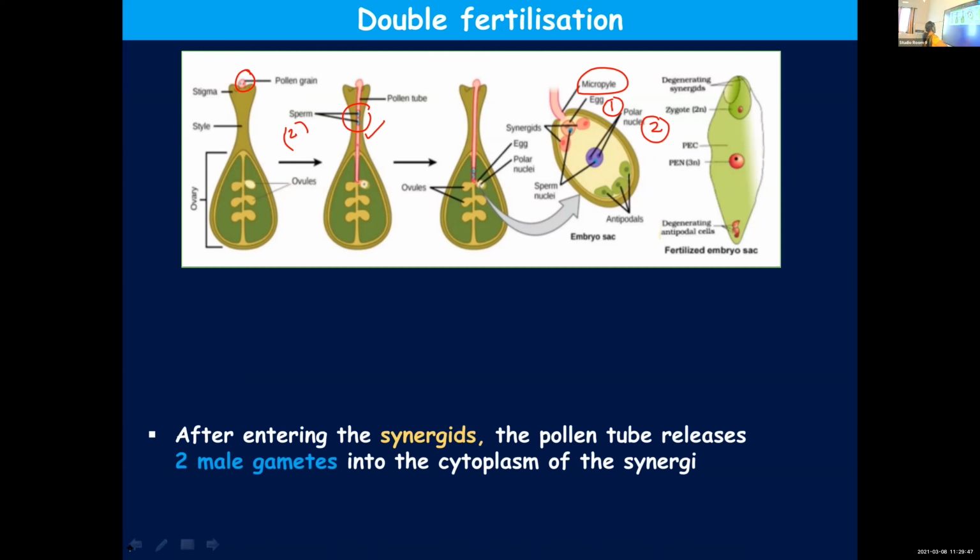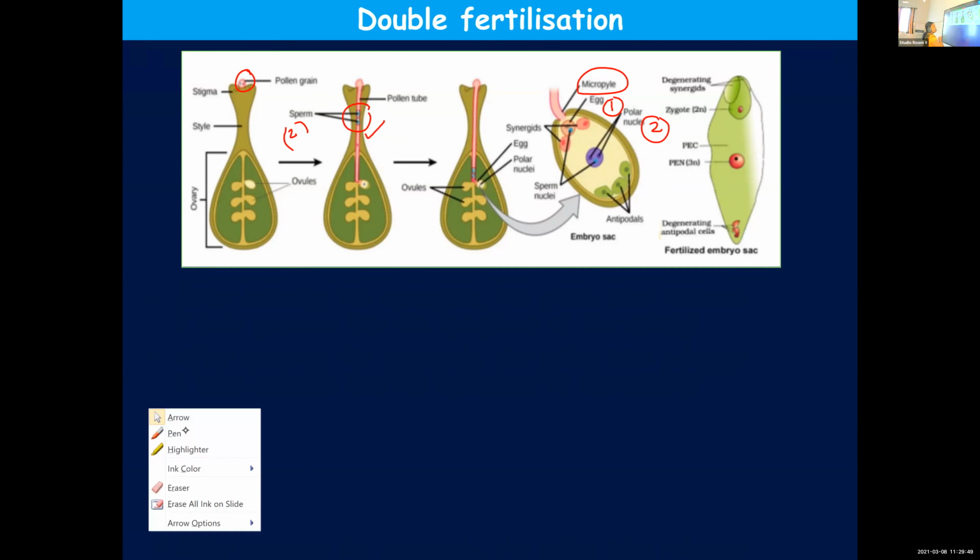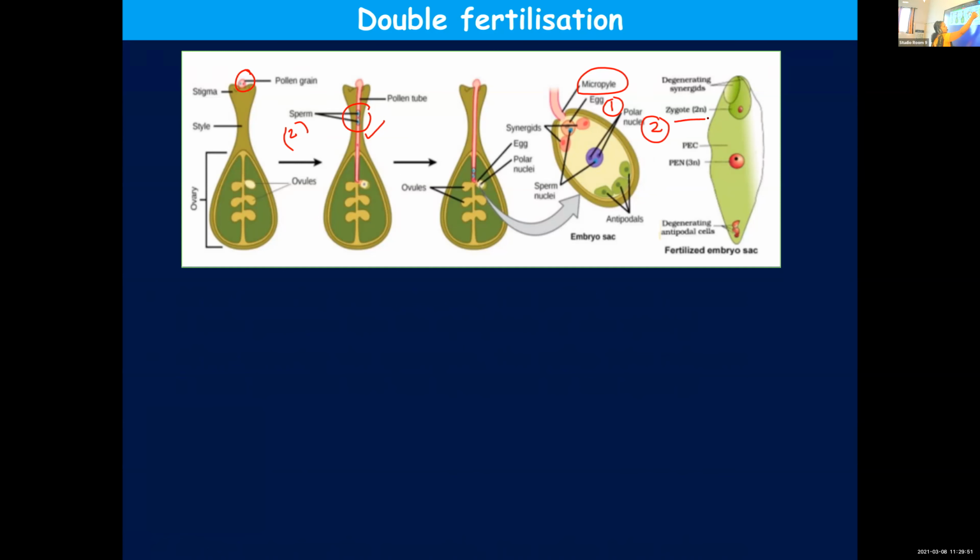The male and female gametes join together to form the zygote. The second male gamete fuses with the two polar nuclei, resulting in the formation of PEN, the primary endosperm nucleus.